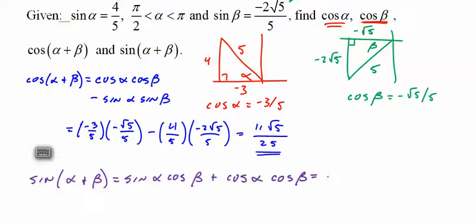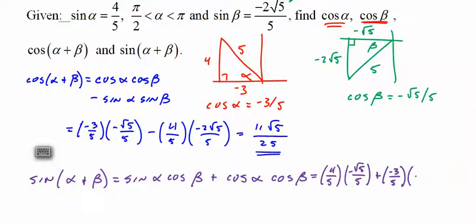Equals 4/5 cosine of beta, negative root 5 over 5, cosine of alpha negative 3/5.